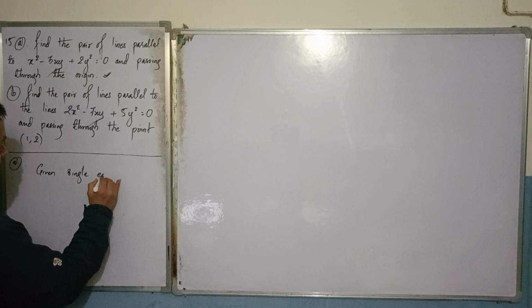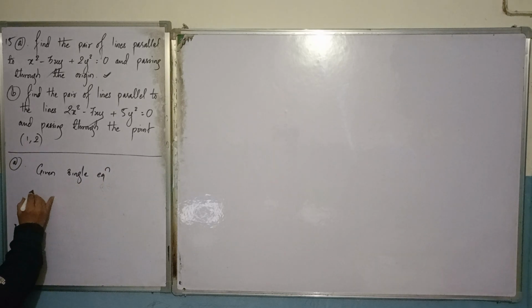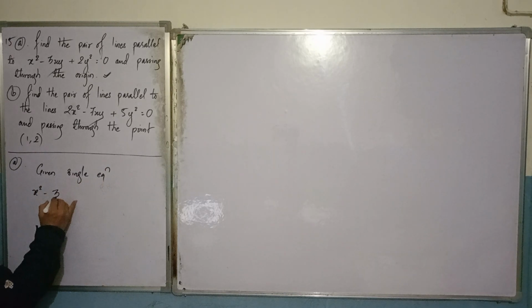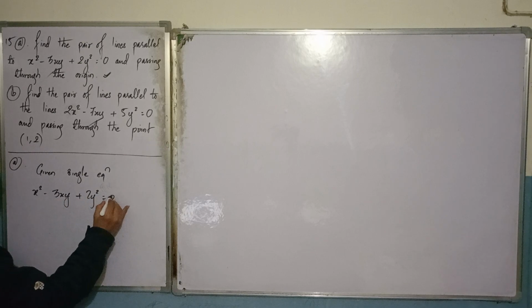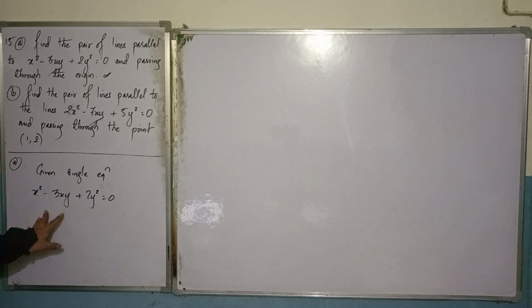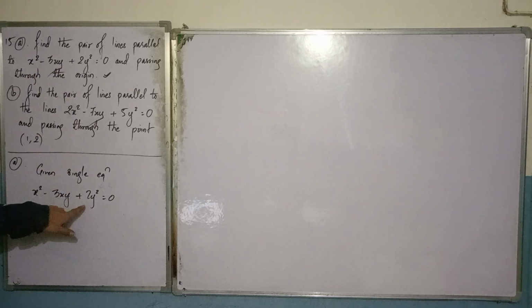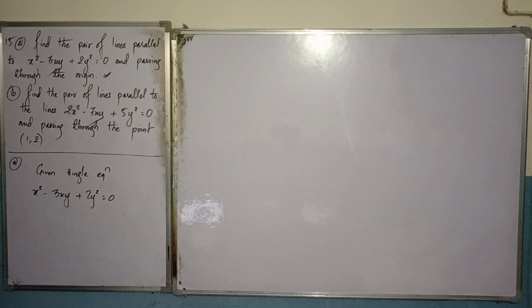Given single equation, we have x squared minus 3xy plus 2y squared equals to 0. So you have to find the pair of lines parallel to this equation and passing through the origin.